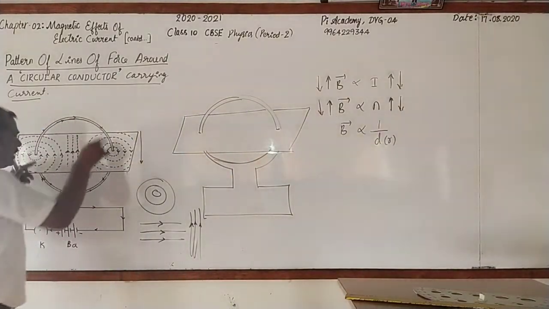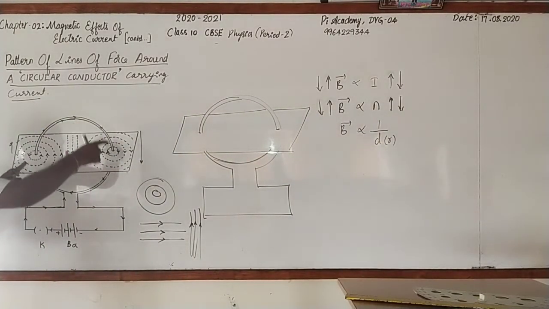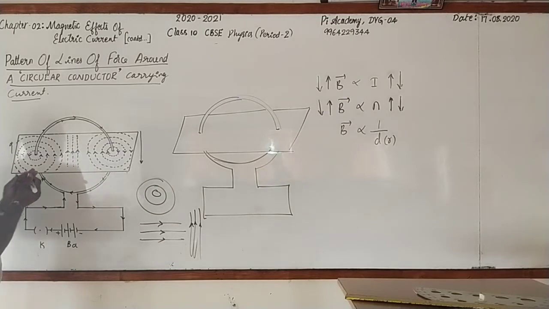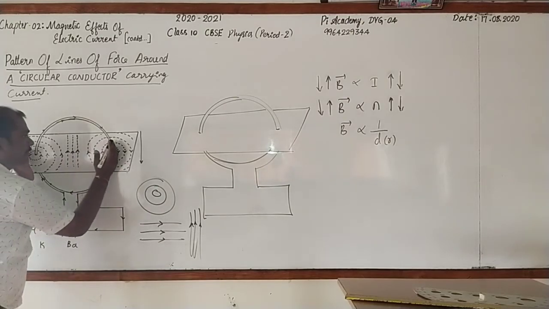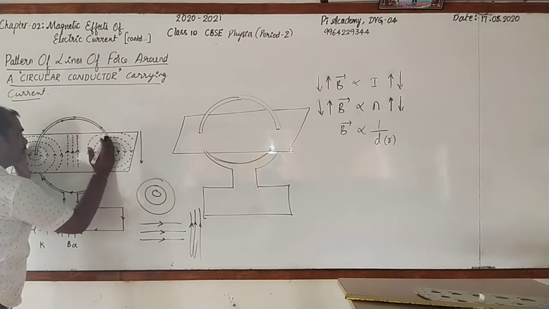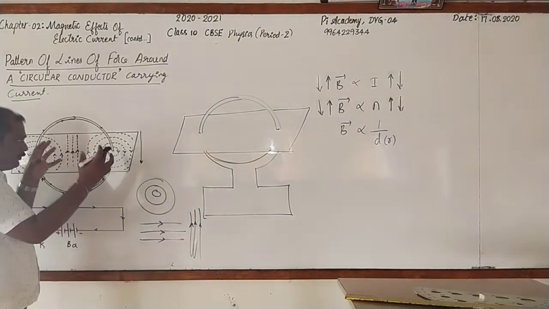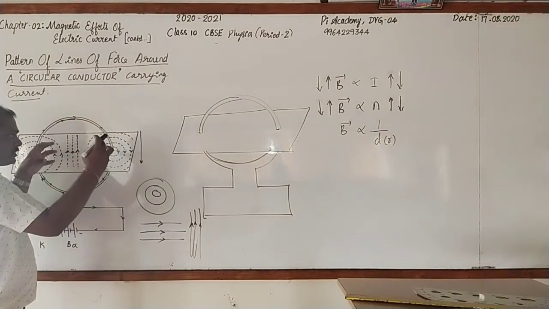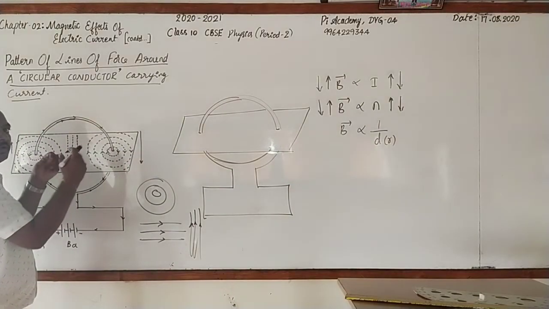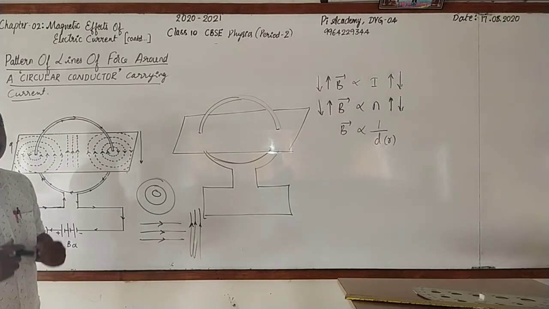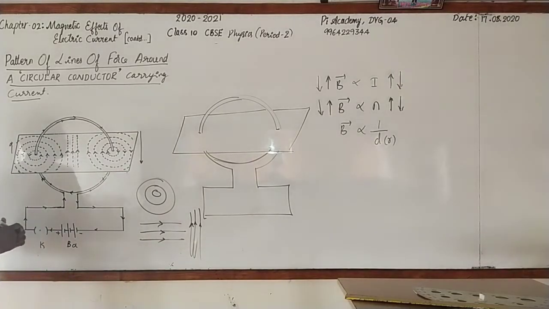Not only this, one more important factor is there. Observe this pattern. Observe this conductor. It is in circular shape. If the diameter of this circular loop decreases, what happens? As it decreases, the lines of force will come still closer to each other. What will be the strength of the magnet? Obviously, increases, right?